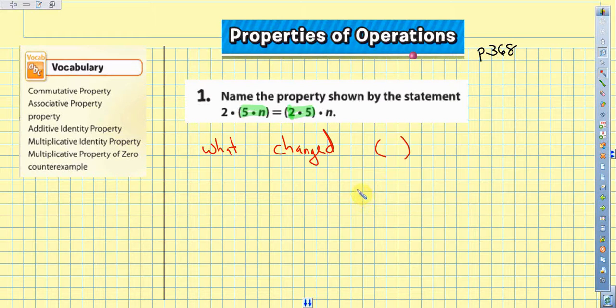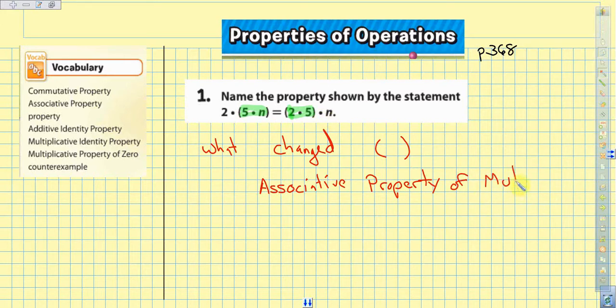And so if the parentheses have changed, then we call this the associative property of, and we multiplied, and so I'm going to put multiplication.